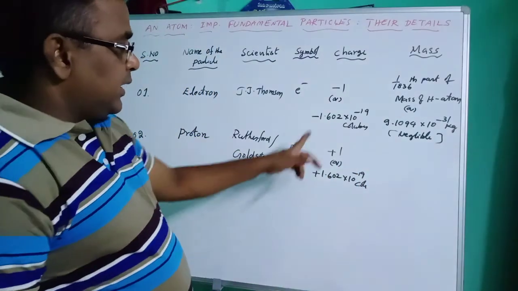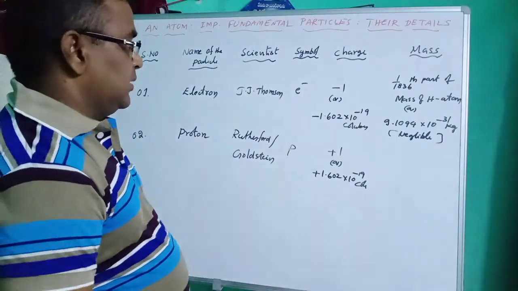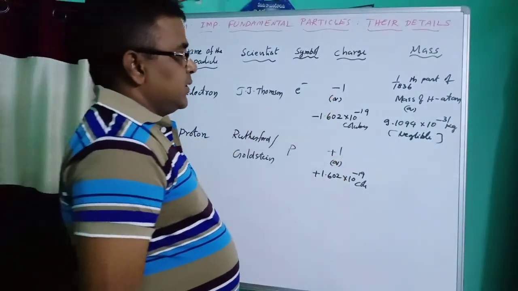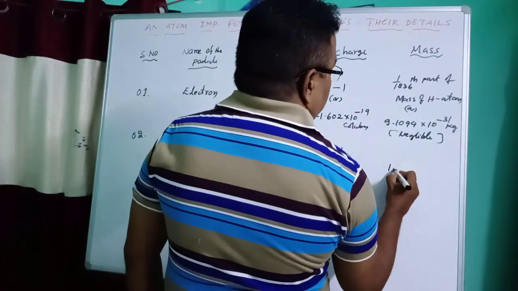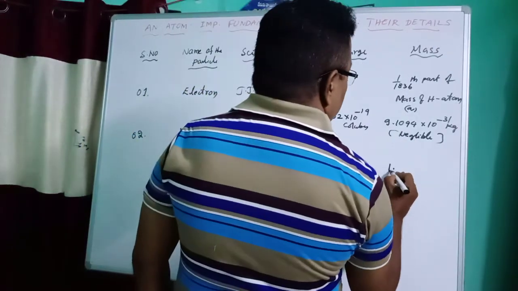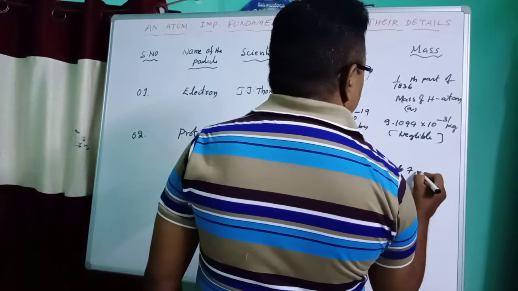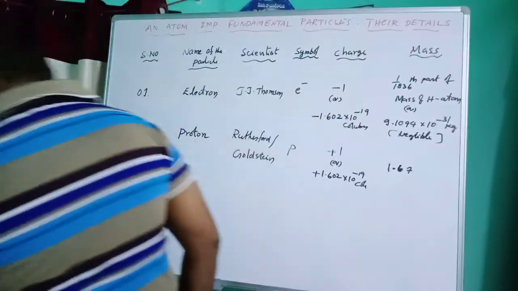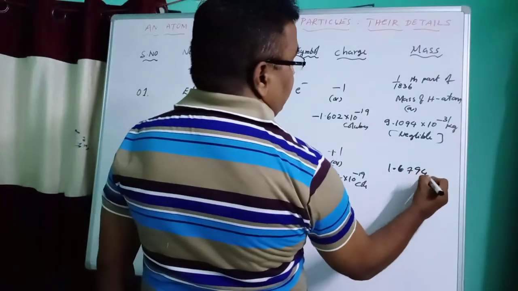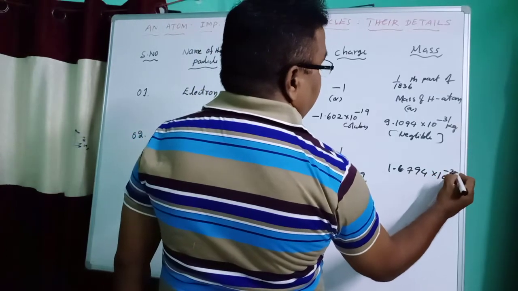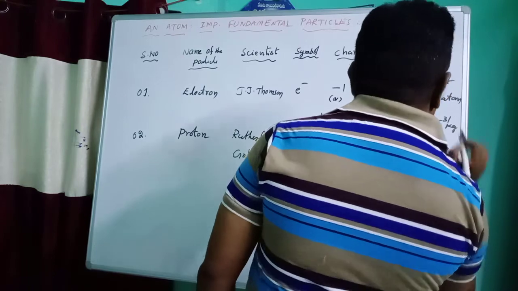So here the negative charge of the electron is equal to the positive charge of the proton: 1 unit negative charge, 1 unit positive charge. So mass of the proton is 1.6726 into 10 power minus 27 kgs.